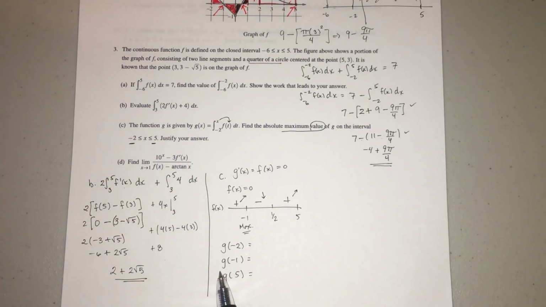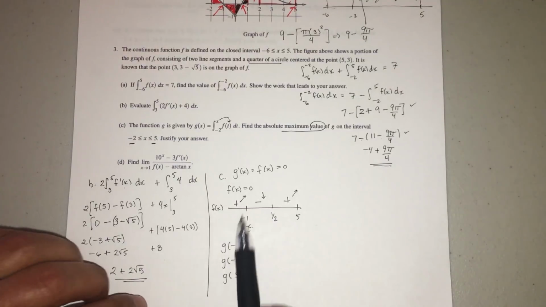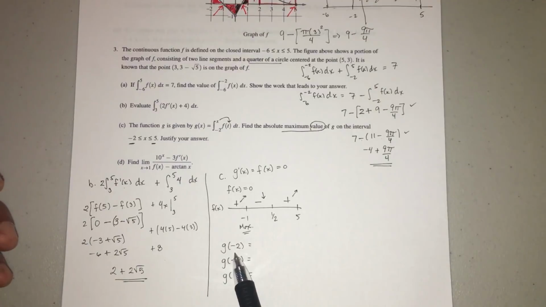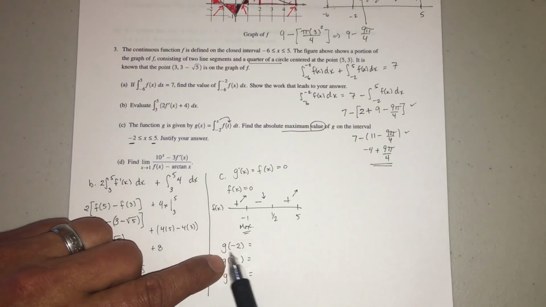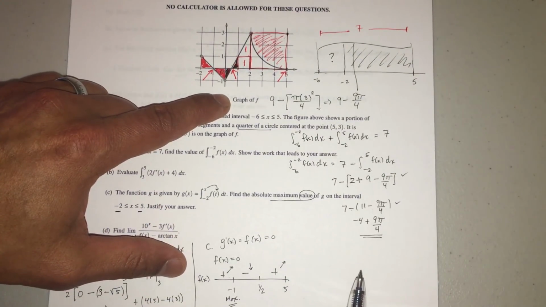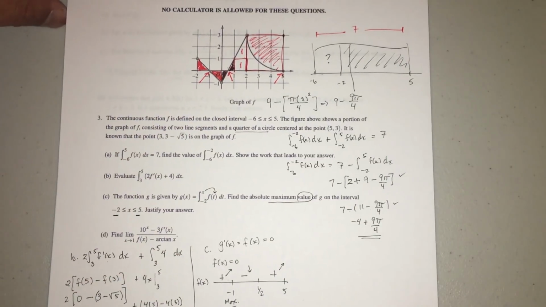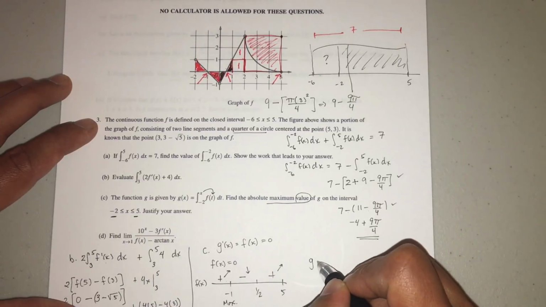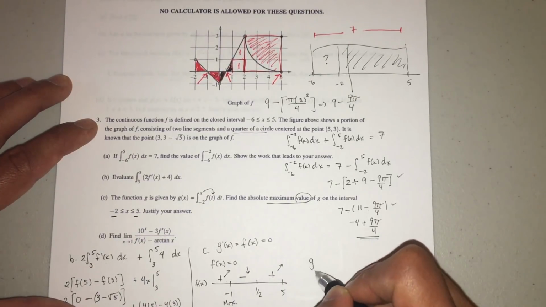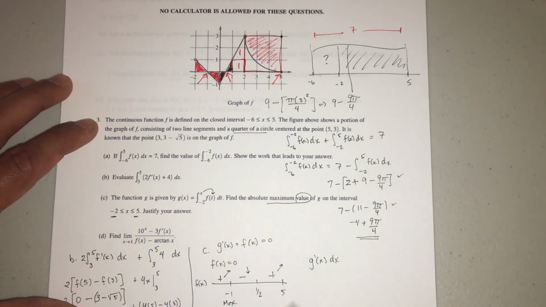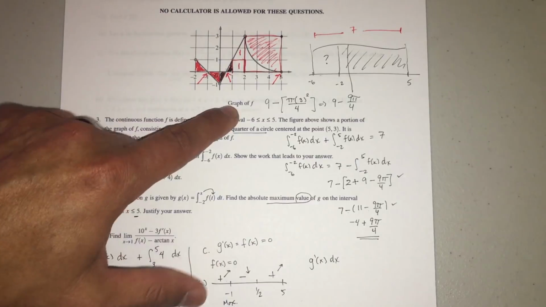All right, so now what do I do? Now we need g of -2. Well, how do I find that? Remember, what do they give me? They give me the derivative, right? Do they give us g of -2? No. So how do I find g from the graph of f?